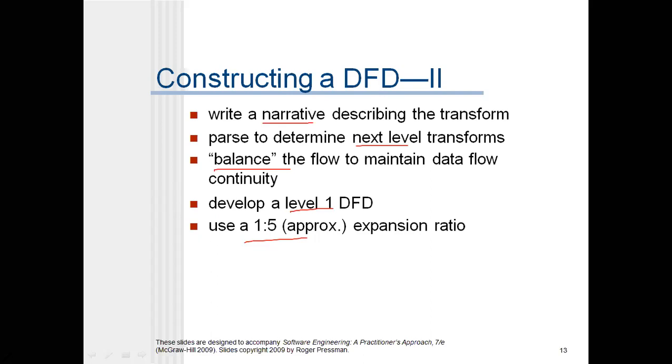Everything should be represented in level 2, a detailed view of representation. So the main task has subtasks, and those subtasks again have subtasks. So that is the second level DFD. Now we'll go for the next one.